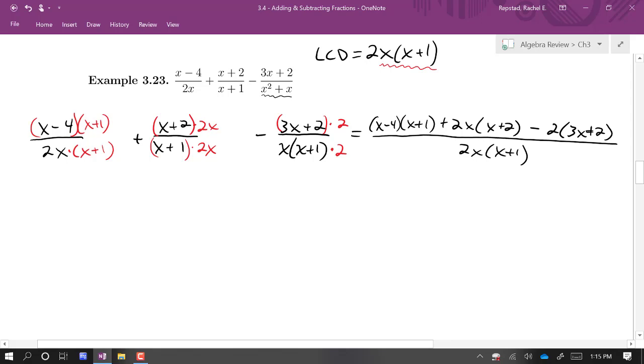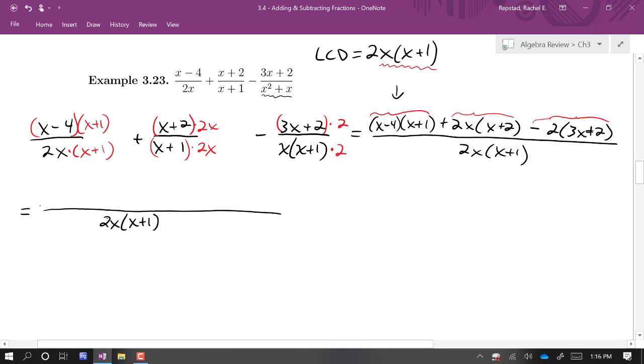The top needs to be expanded out so I can combine like terms and determine if we can simplify further. So I'm going to FOIL this out. I'm going to distribute that 2x, and I'm going to distribute that negative 2. So let's begin with this first product.